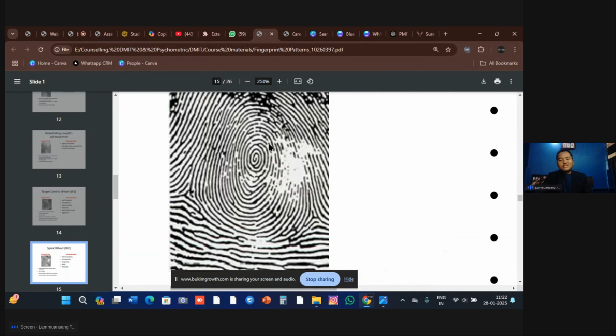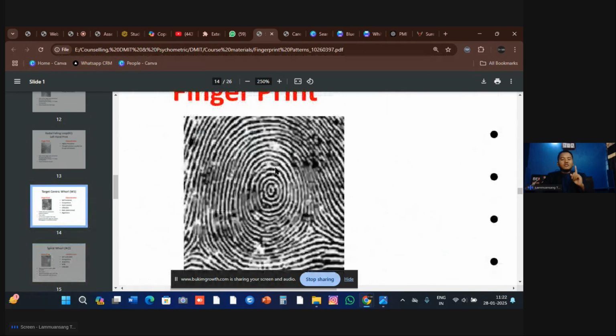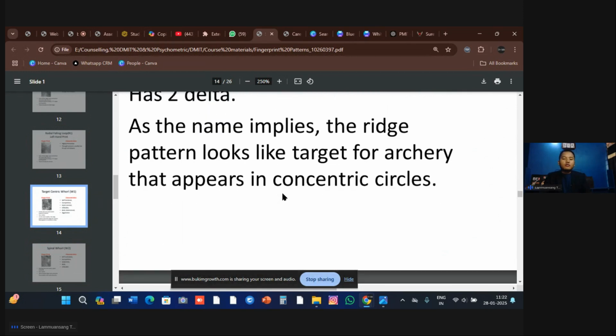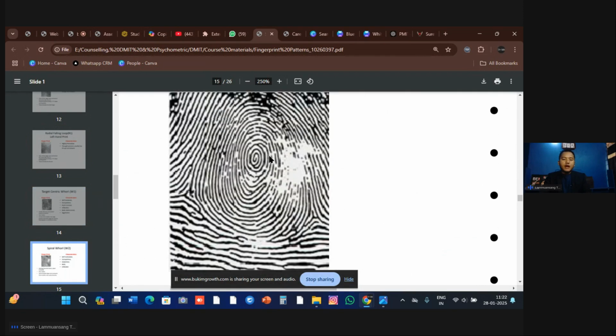W2 and W4 similar, W1 and W3 similar, remember that. Very similar, okay? W1 and W3 both have circle, but W1 is small circle, W3 is big circle, and W2 is small spiral pattern, that is W2.